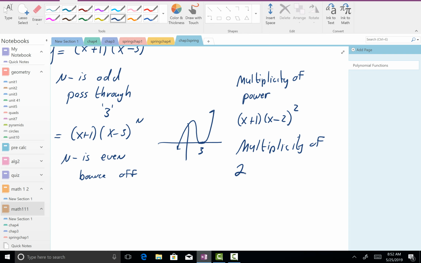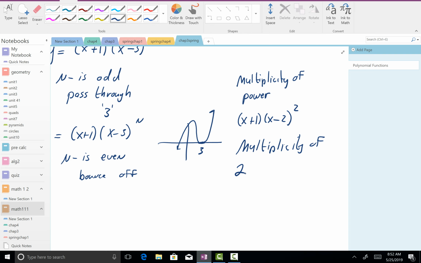Okay, so here is a 2 and a 3, right? So what's the degree on that? So here's our double root, right here at -1, our multiplicity of 2, comes in and bounces off.